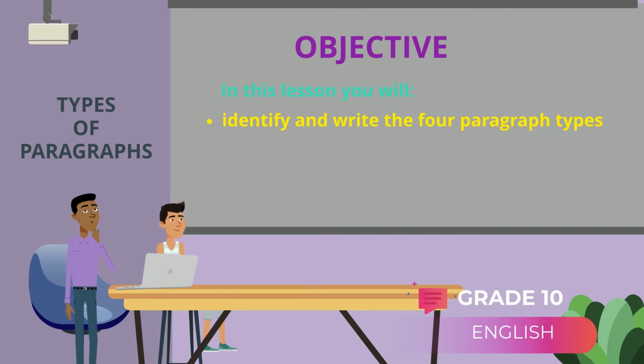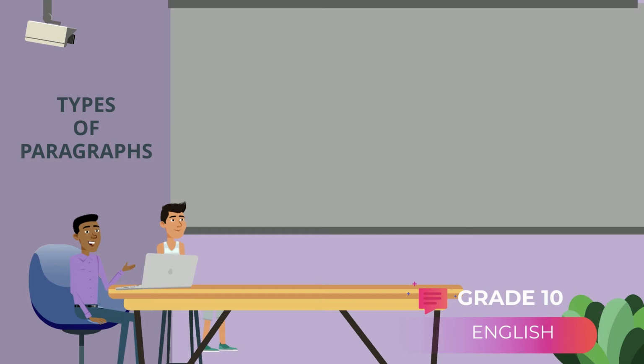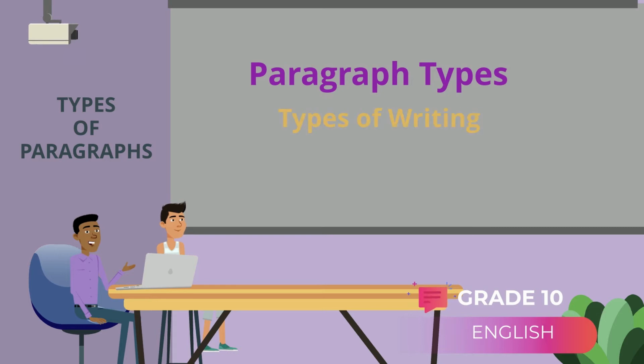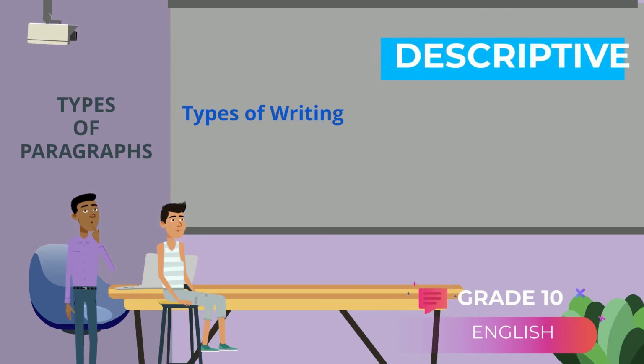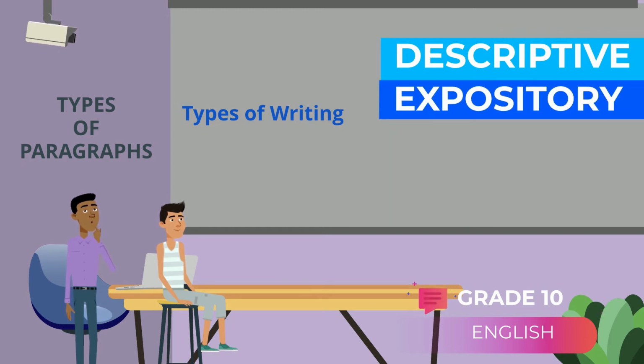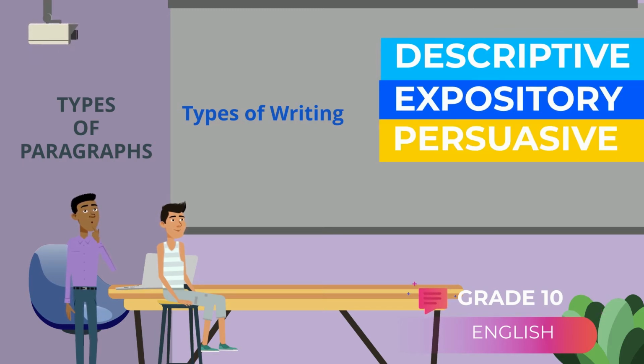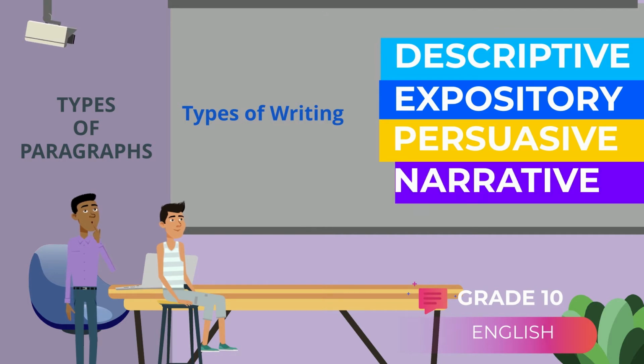What should be clear by now is that ordinarily, paragraph types follow the 4 types of writing. As you may know, the 4 types of writing are descriptive, expository, persuasive, and narrative writing.